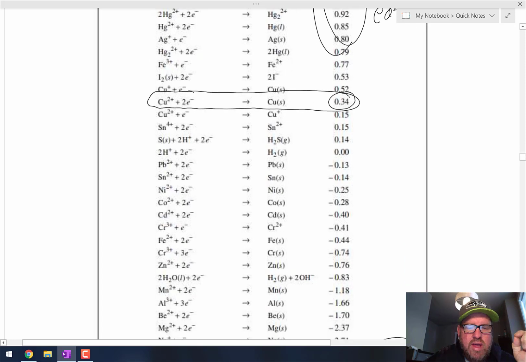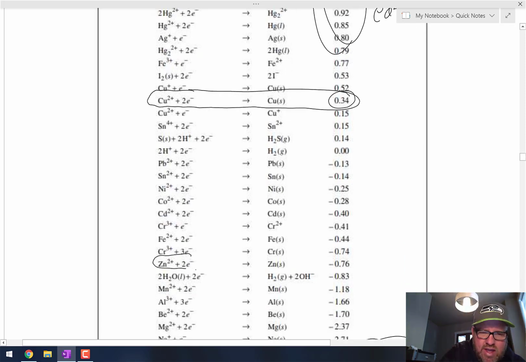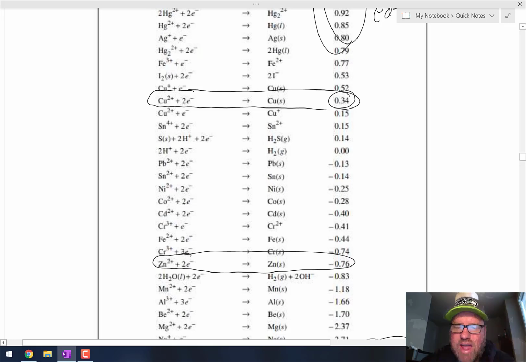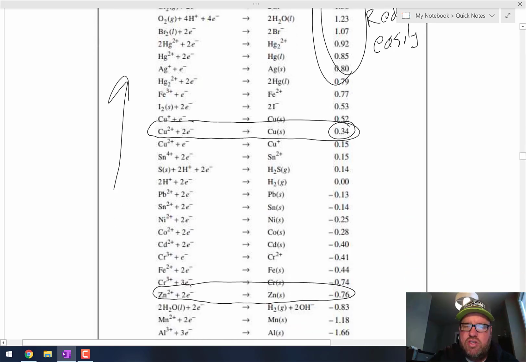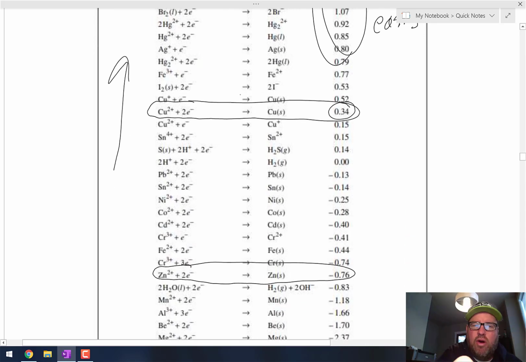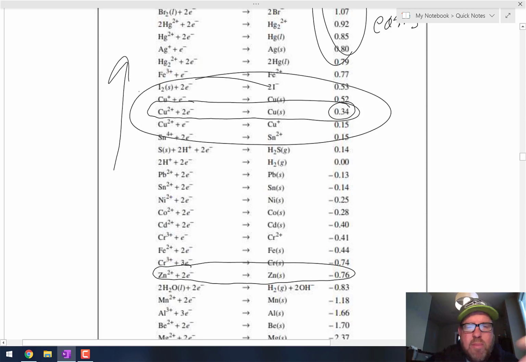Then we come all the way down here to zinc, which has a cell potential of negative 0.76 volts. Which of those two is more easily reduced? Remember in our other video, the farther up this list it goes, the more easily reduced it is. So the copper is more easily reduced than zinc, which means the copper is going to be reduced and zinc is going to be oxidized.